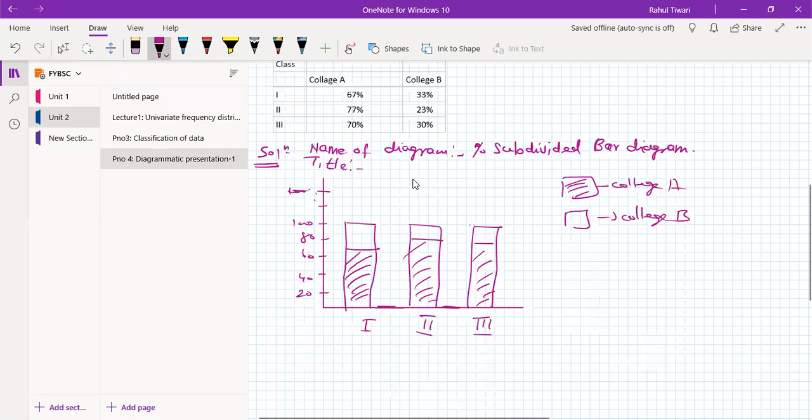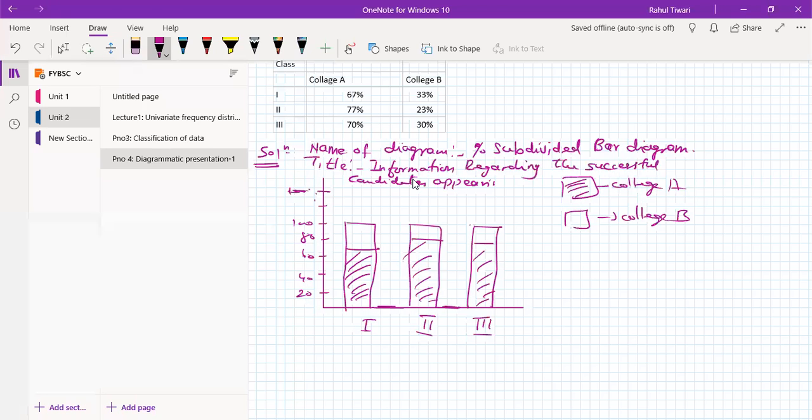So that is information regarding the successful candidate appearing at examination.